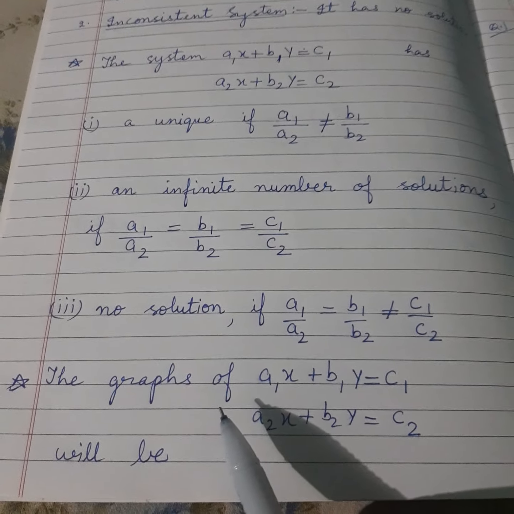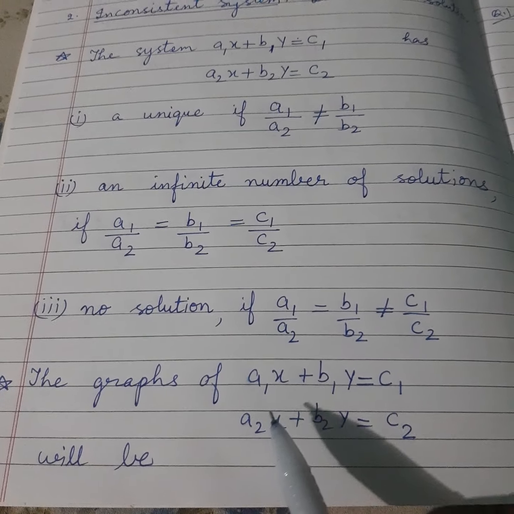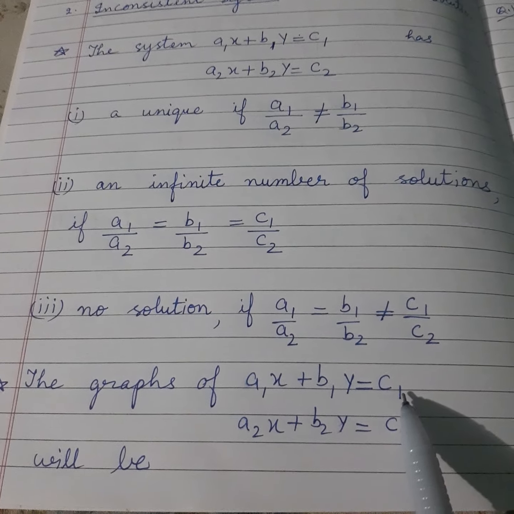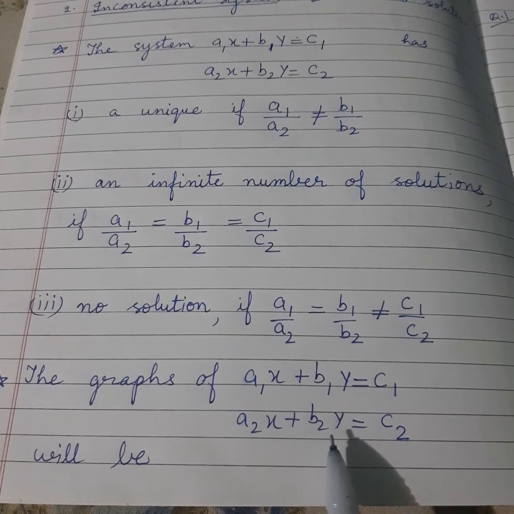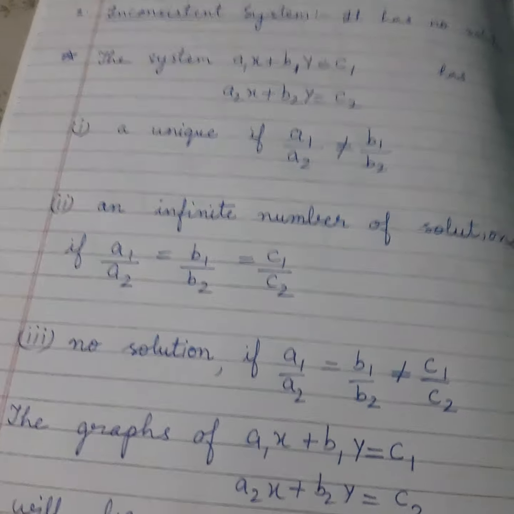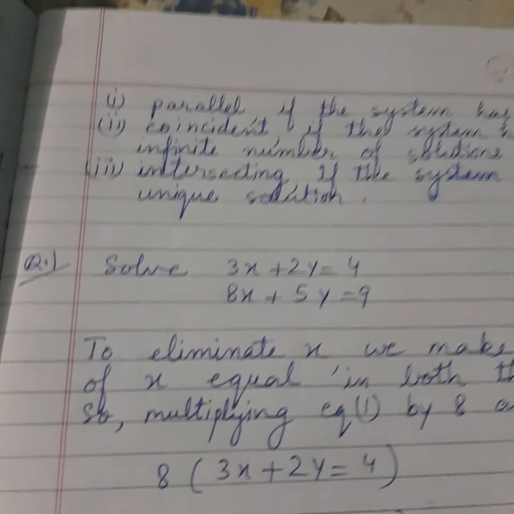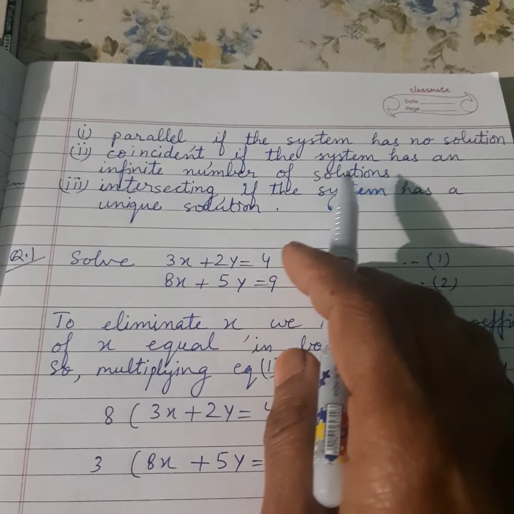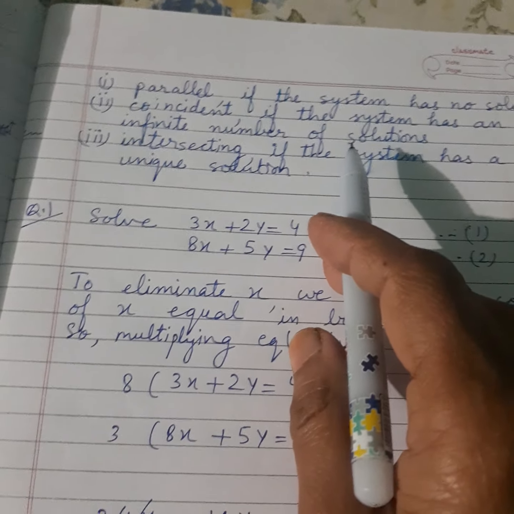Now coming to the graphs of the linear equations a1x plus b1y is equal to c1 and a2x plus b2y is equal to c2. What will be the graph? If the graphs are parallel, then the system has no solution.